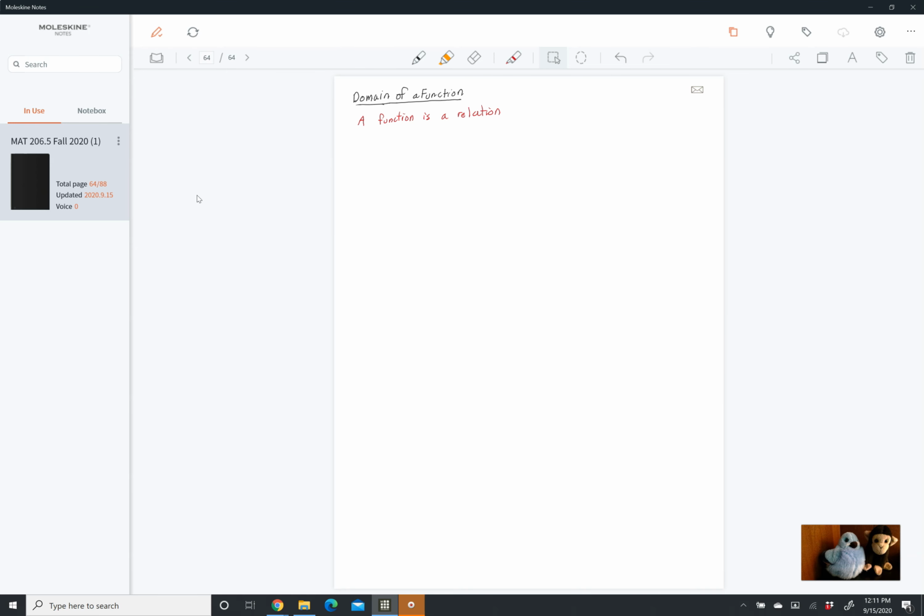So it's a relationship in which every input has only one output. Okay, so the domain of a function are all the possible inputs that exist in that function.